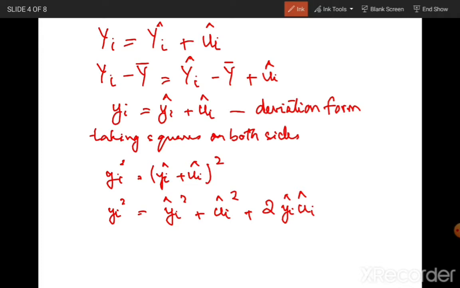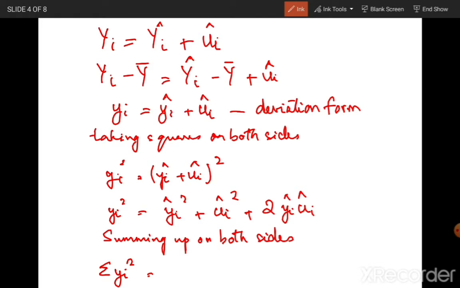Now again, going back, what is variation? Variation is the sum of deviations squared. So I need to find the sum of these squared deviations. So how do I find the sum? Let me sum up on both sides. Summing up on both sides, I will get summation yi square is equal to, I am applying summation to the entire equation on the right hand side.